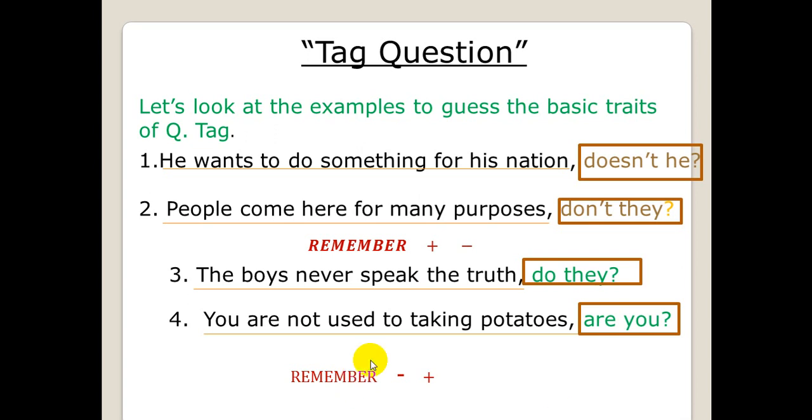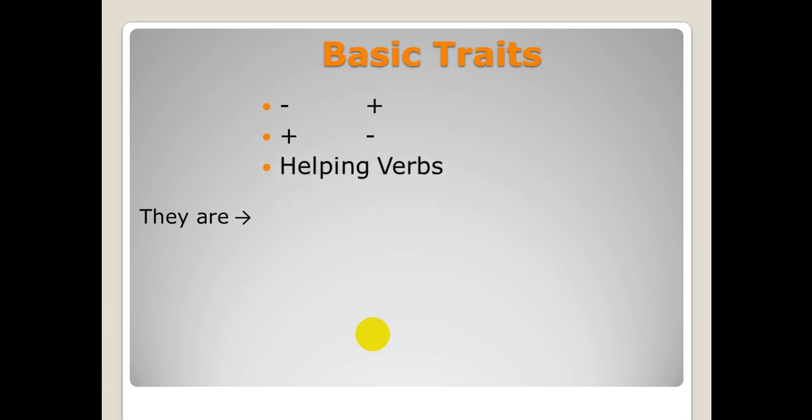So basic traits of tag questions are minus plus, that means if the statements are negative, the question tags are affirmative, and plus minus, it means if the statements are affirmative, the tag questions are negative. Next, helping verbs.